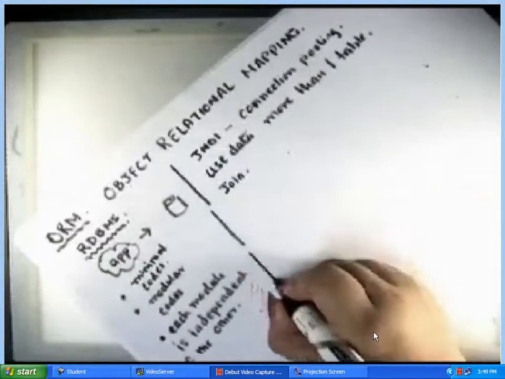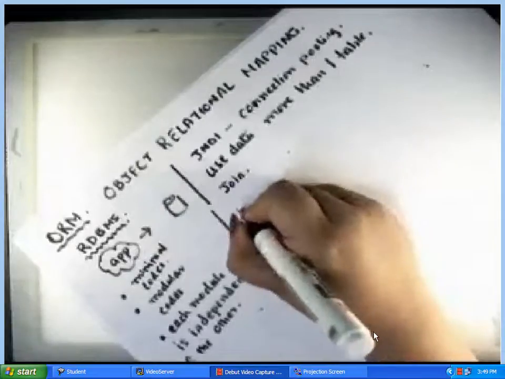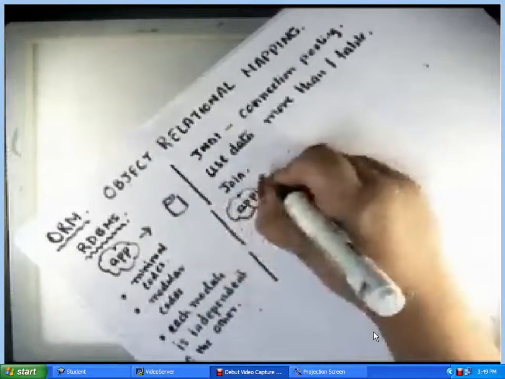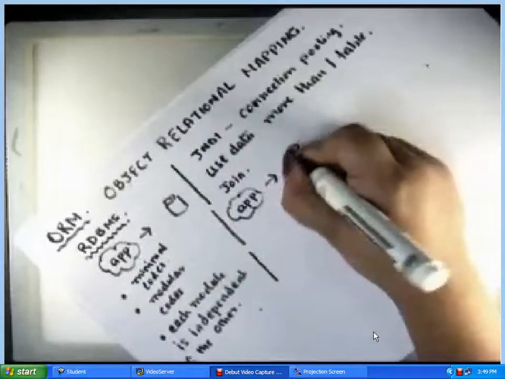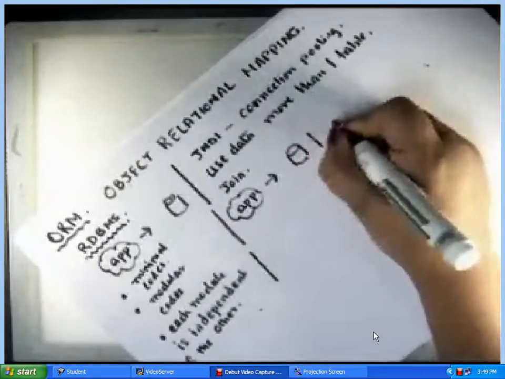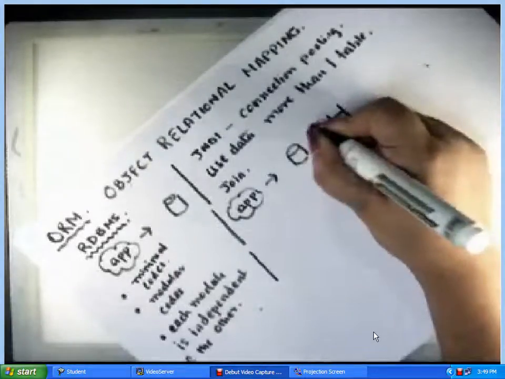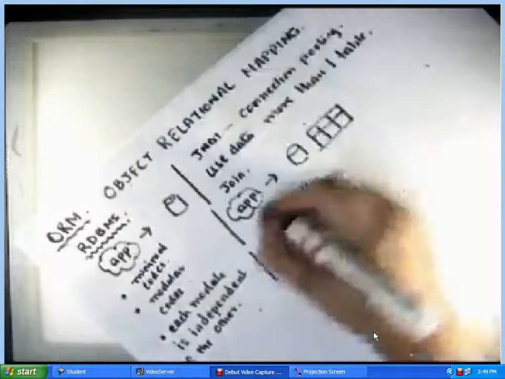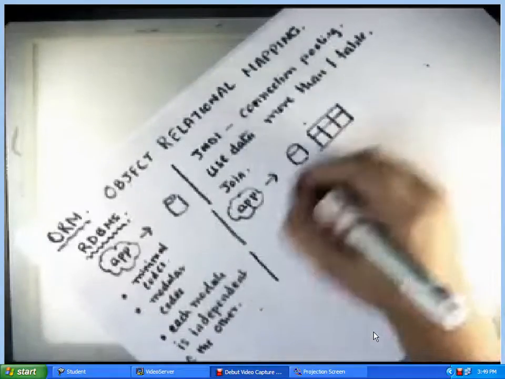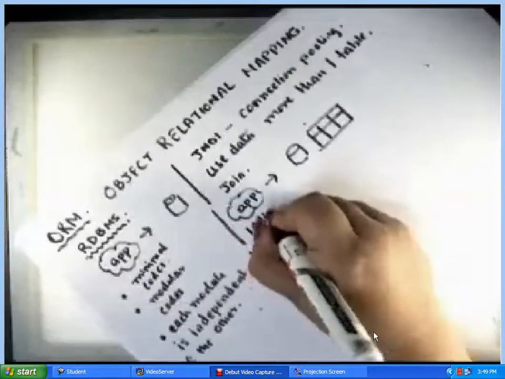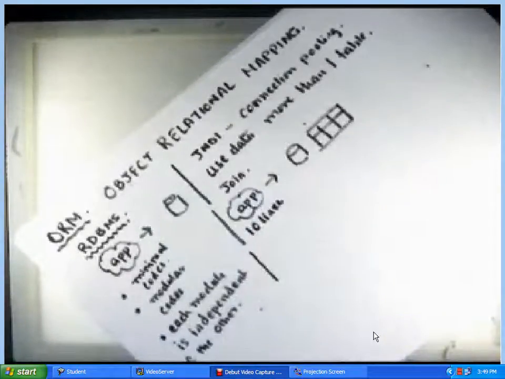Again, let me just put it this way: say an application has to fetch data from a database table. There is only one table, right? Let's say with 3 columns. Now for fetching this data, I will have to write maybe some 10 lines of instructions in my application in the data layer part.